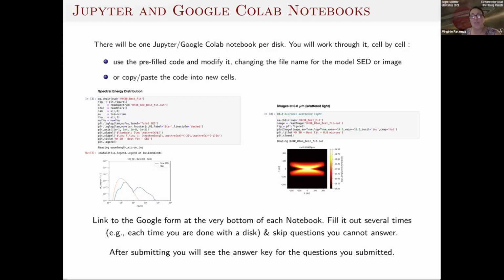In general, it's just a value for a given parameter that changes in the name. And you can either directly change the name of the file in the pre-filled code cell and get a brand new plot, or you can create new cells if you're a little bit more familiar with Python.